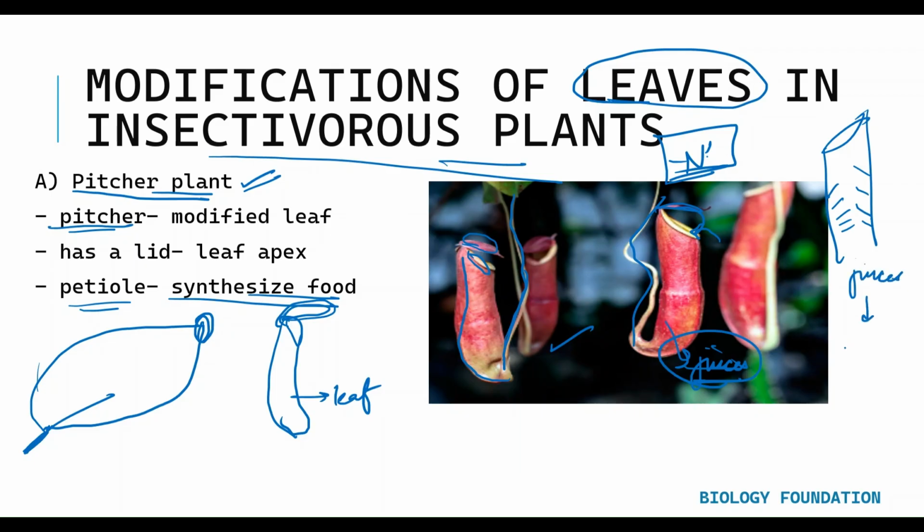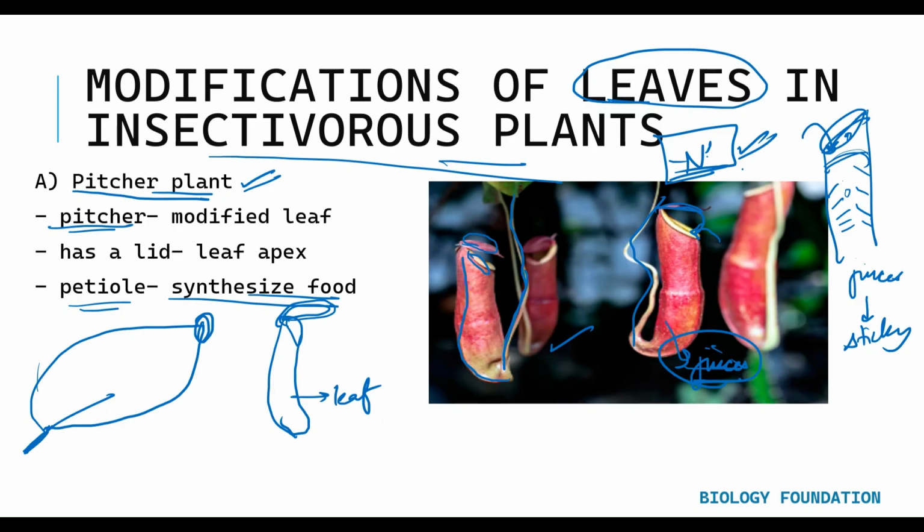These juices are highly sticky. Why are they sticky? When the insect lands, it shouldn't fly away, right? So the juices are highly sticky, making the insect get stuck to the pitcher. Once the insect gets stuck, the lid closes, preventing its escape. Then the insect gets digested completely by the juices, and the plant gets its nitrogen source.